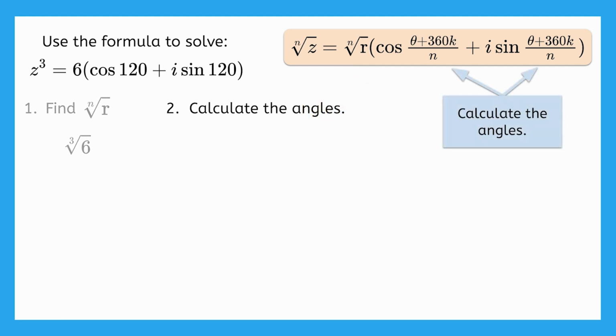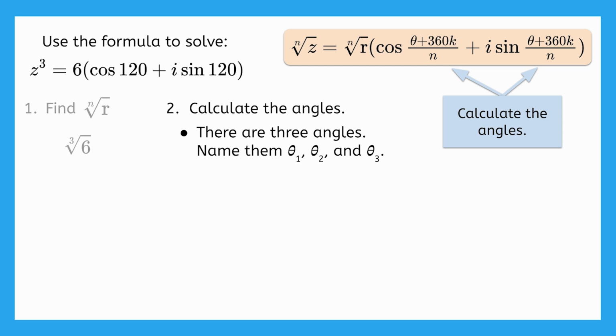Since I'm taking the cube root, I will need 3 angles. I name them theta 1, theta 2, and theta 3 to keep my work organized. Theta 1 equals my original theta, 120, plus 0 times 360 all divided by 3, which is 40 degrees.